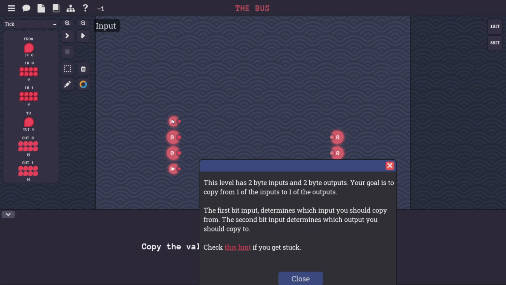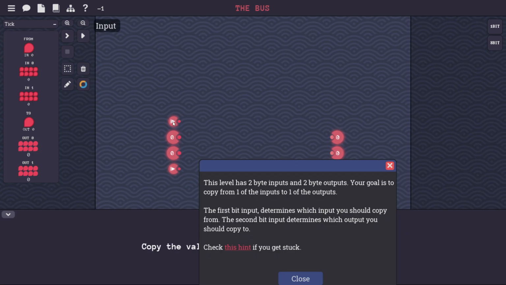Yeah, and I guess these are the instructions to determine the first bit, which is this. The first bit input determines which input you should copy from.